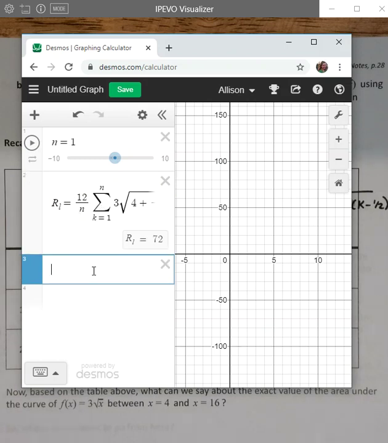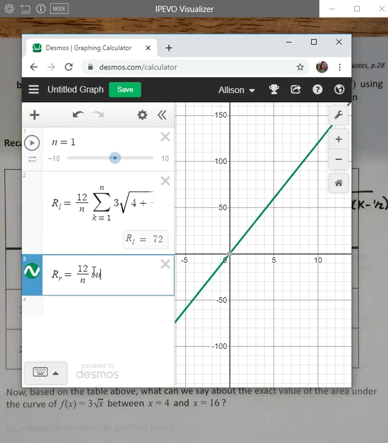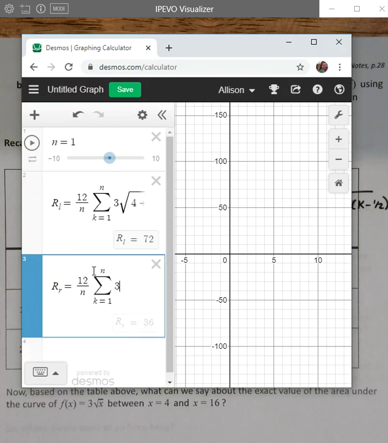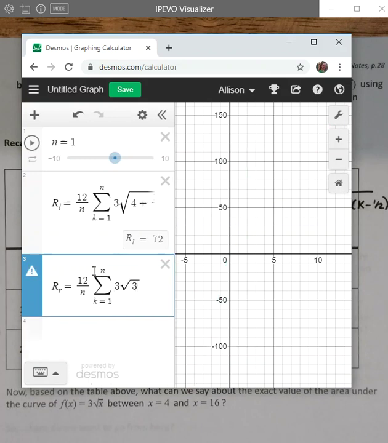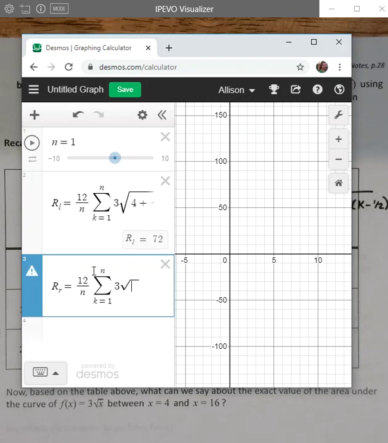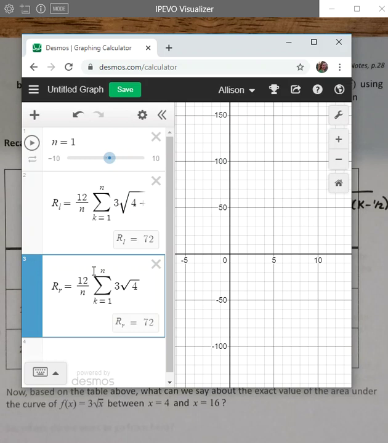And then I can do r sub r and define that as 12 over n times the sum from, make sure you have k equals 1 to n of 3 times, my function is the square root of 3 square root of a, which is 4, plus 12 over n k.